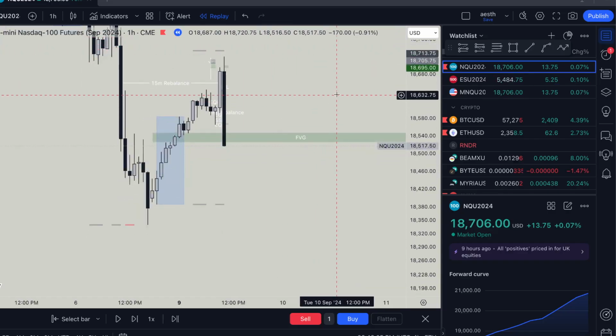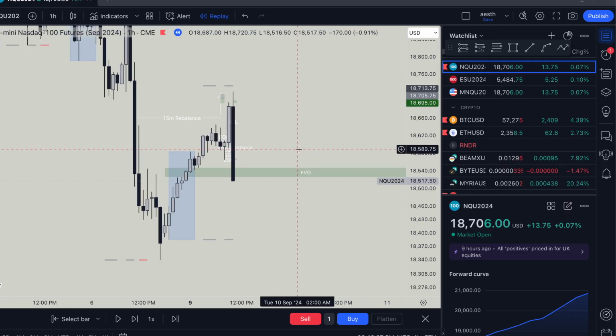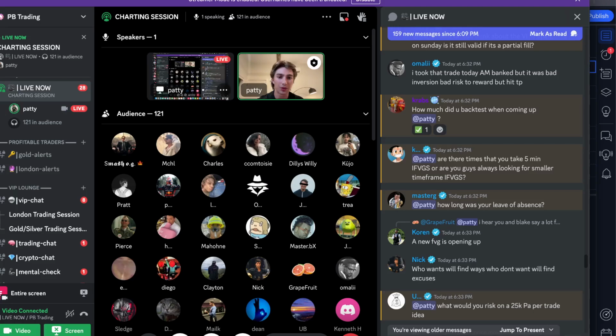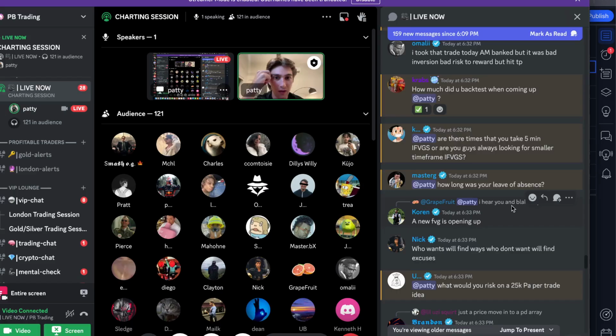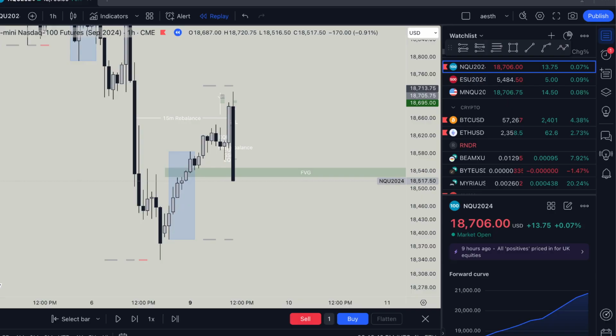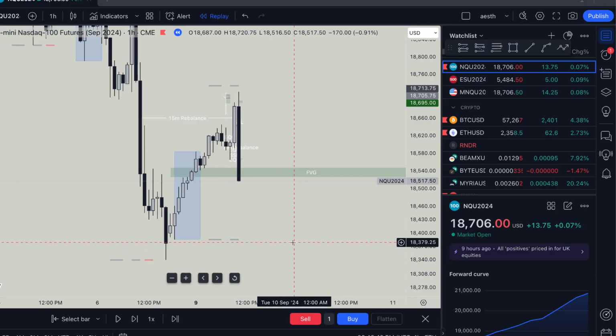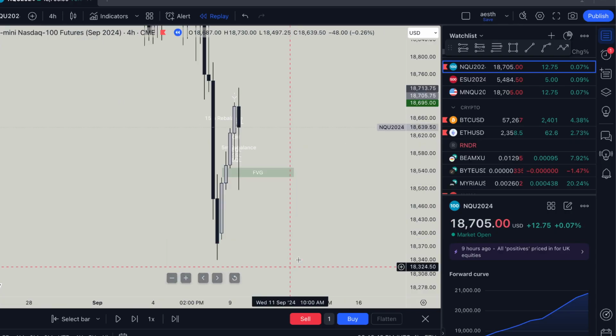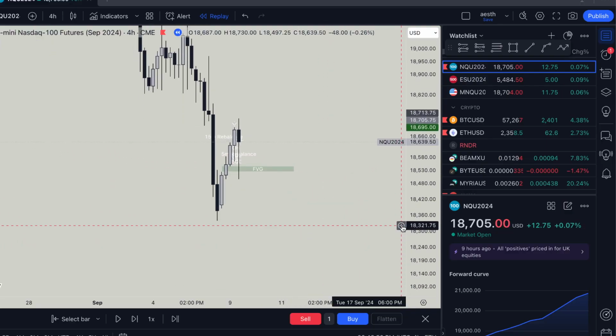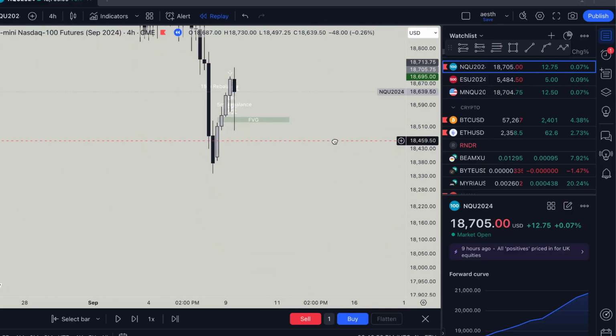If it's an opening day gap, then you want to see it be filled completely. But if it's just some sort of fair value gap, then it's not that serious. It just needs to hit it. And from what I'm seeing, I don't see a significant volume imbalance.